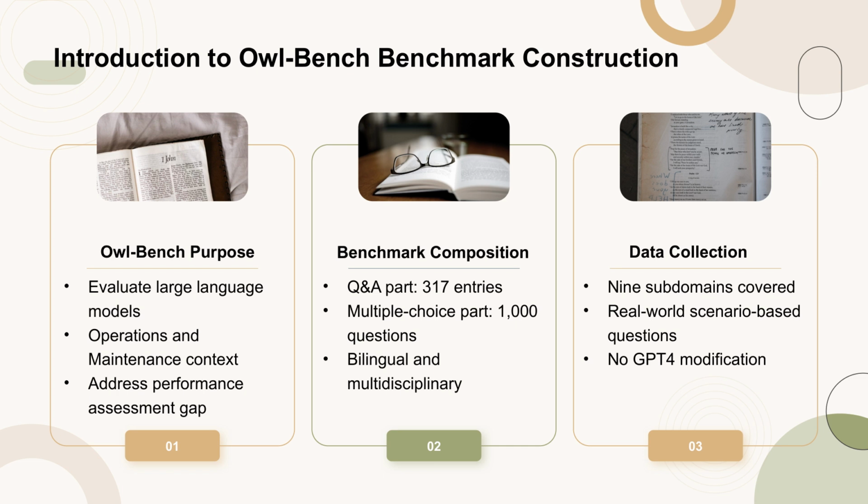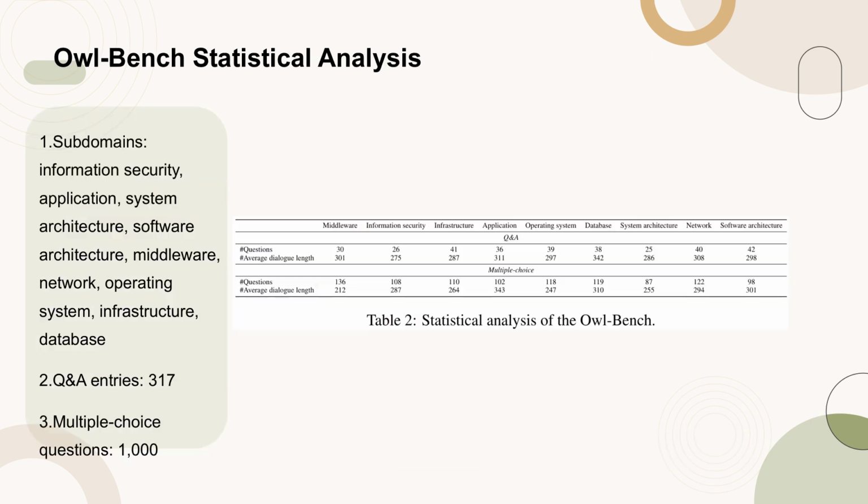The data used in OWLbench is collected from real-world scenario-based examination questions, without any modification or expansion through GPT-4, ensuring the authenticity and relevance of the questions. Table 2 provides a detailed statistical analysis of the OWLbench, a bilingual benchmark designed for evaluating large language models in the context of operations and maintenance, O&M.